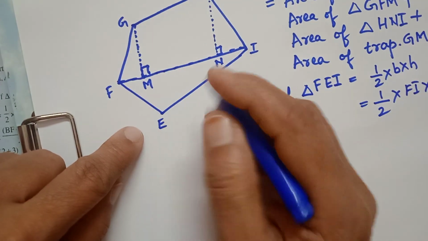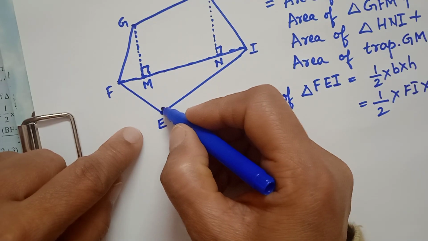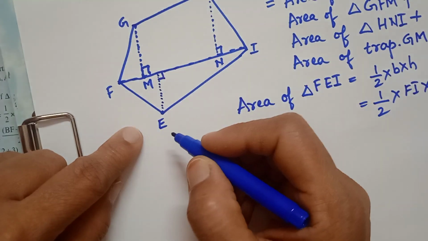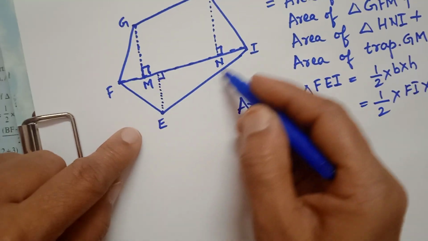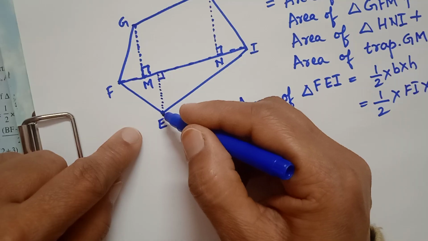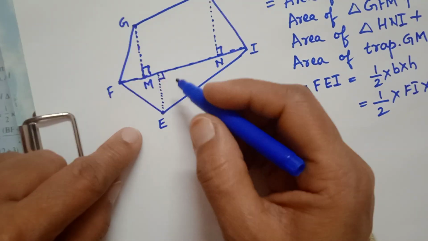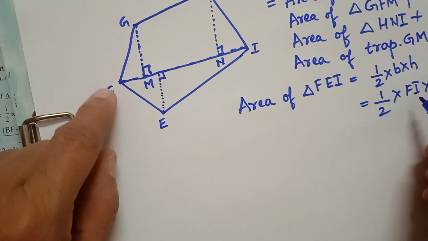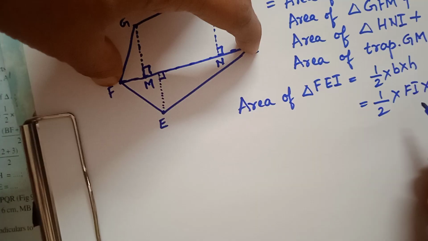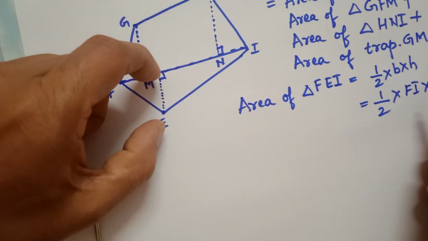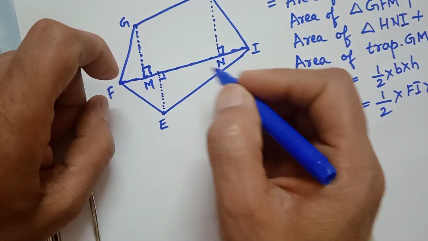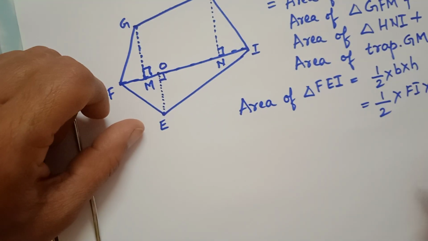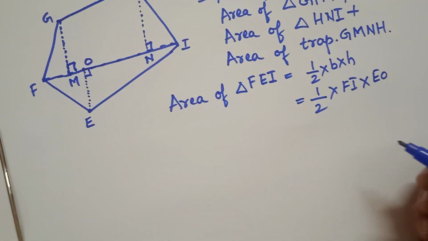When you want the height of this triangle, you have to draw a perpendicular from E to FI. So what is the area? Half into base, base is this line segment FI, into height. Height is, say, EO. Okay.